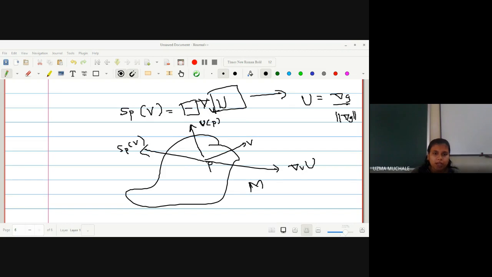It tells you how the tangent plane of M is changing in the v direction. How your tangent plane changes, the shape operator will tell you. What is your shape operator? Minus del_v U. If you know how the tangent plane is changing, then obviously you can say how the surface M will look.